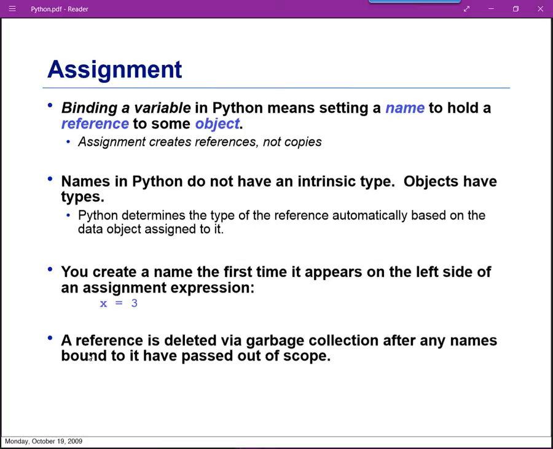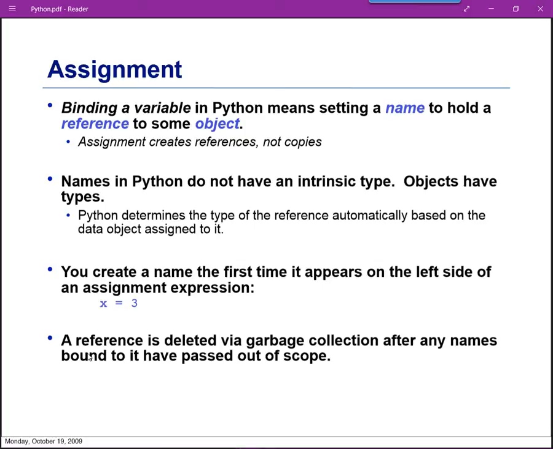None of you are old enough to remember the old Fortran, but in Fortran we used to require that integers started with I, J, K, L, and M, and then floating points started with A, B, C, X, Y, Z, and strings began with other letters. We don't have that with Python. We can name them anything.